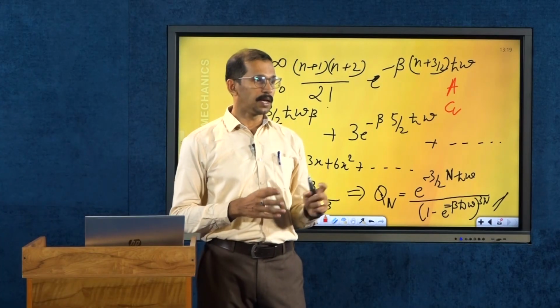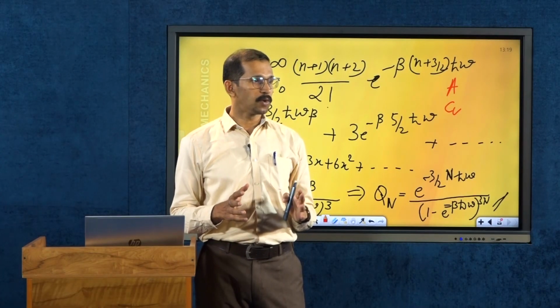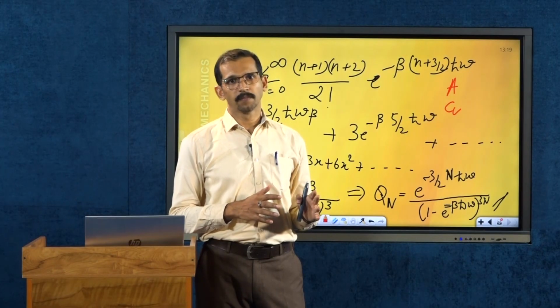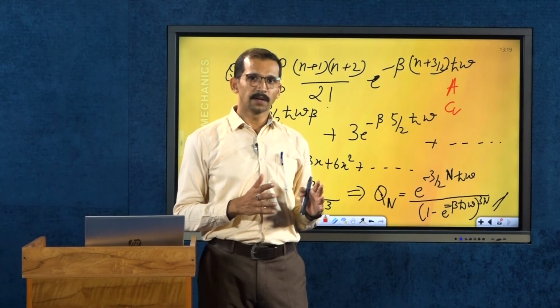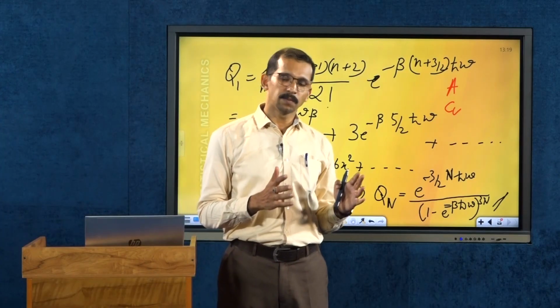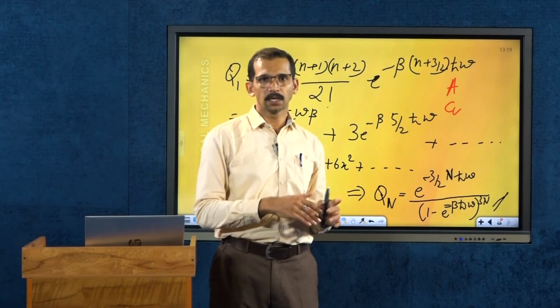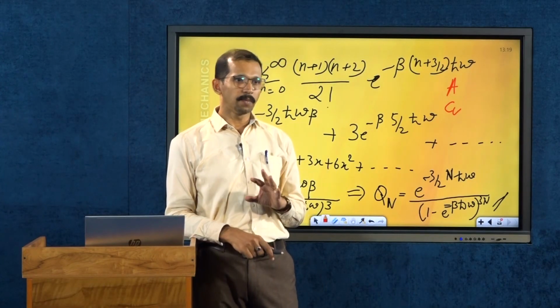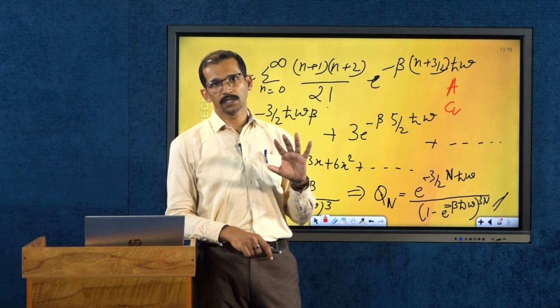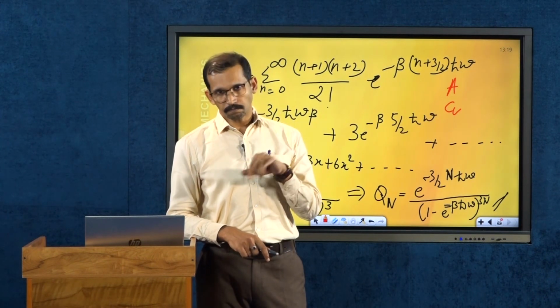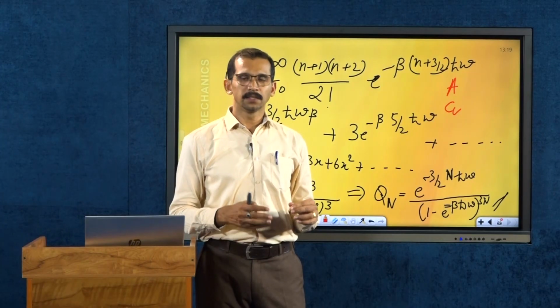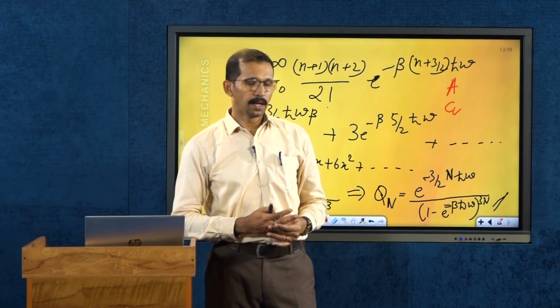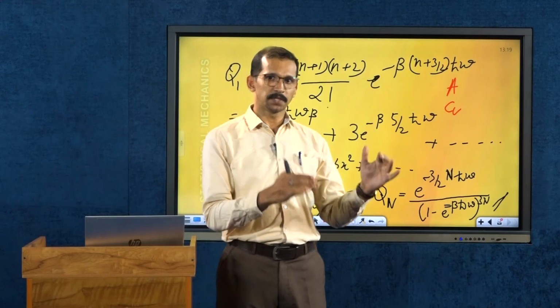One is for the classical situation and another is for the quantum mechanical situation. For the classical situation, we took the case as a purely continuum where we use the integral, and for the quantum mechanical situation, we used a discrete situation, which is the summation, and therefore we have two expressions there.